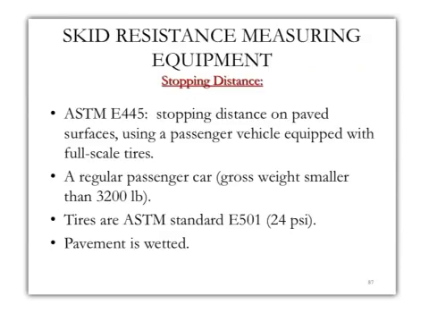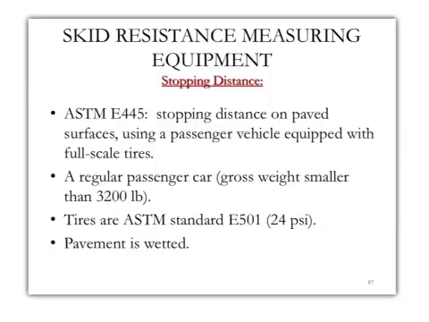Another concept that we need to discuss here that is related to skid resistance is calculating the stopping distance, or the stopping sight distance. There is an ASTM standard, E445, and the name of the standard is Stopping Distance on Paved Surfaces Using a Passenger Vehicle Equipped with Full-Scale Tires.